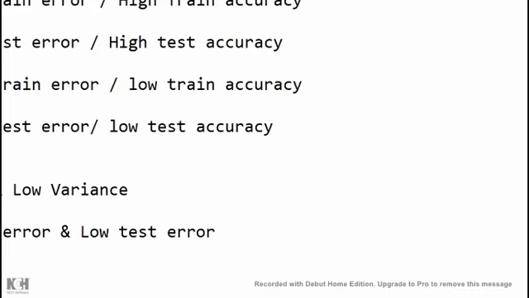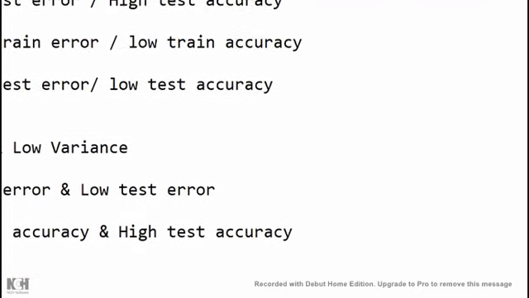We require high train accuracy and high test accuracy. That is the meaning of this. Any good model should have high train accuracy and high test accuracy. Both of them should be high.